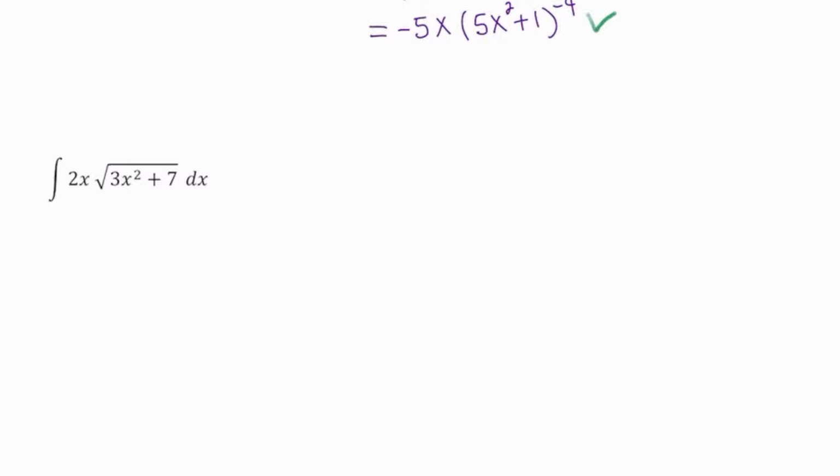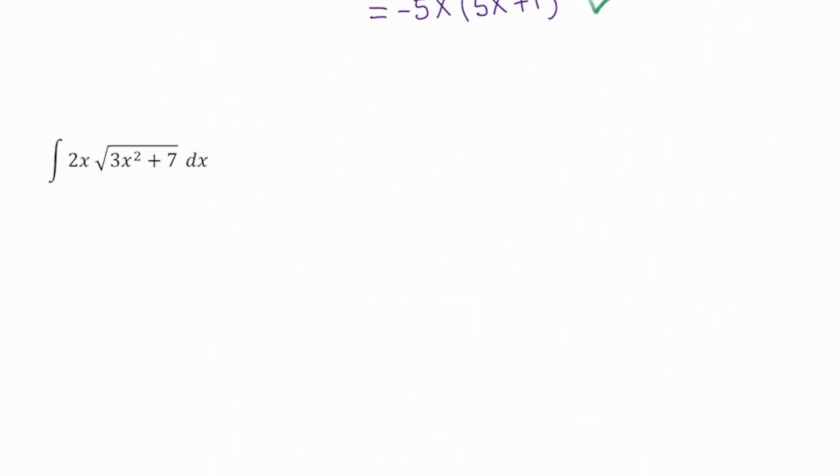The integral of 2x times the square root of 3x squared plus 7. You can think about the square root as this expression raised to the power of 1/2. Okay, so let me go ahead and rewrite it. This is the same as the integral of 2x times 3x squared plus 7 raised to 1/2 dx.